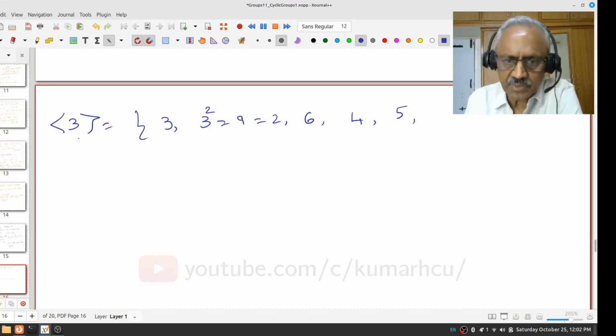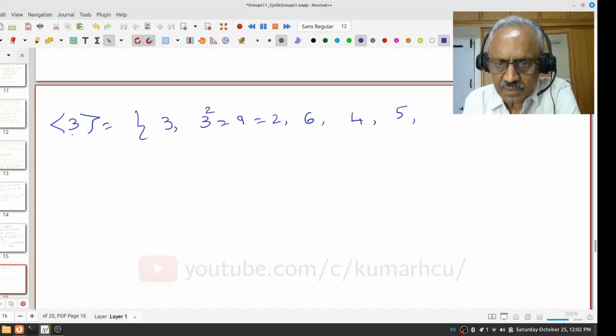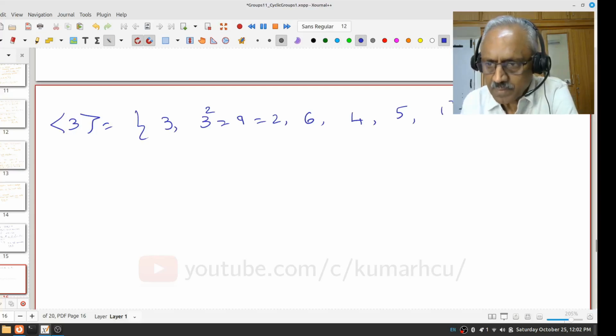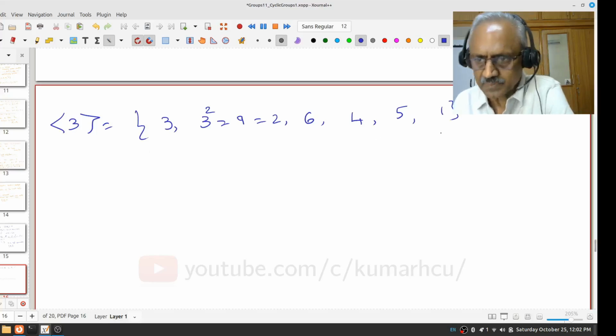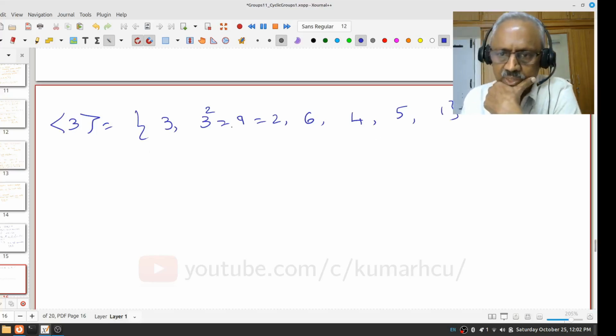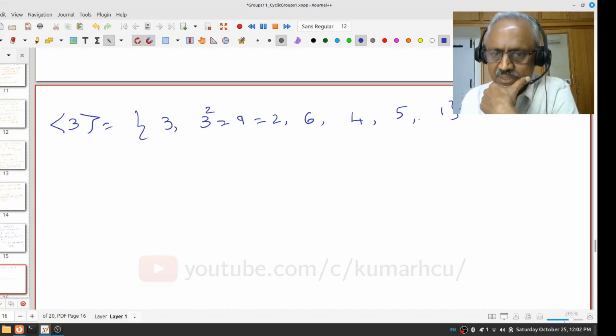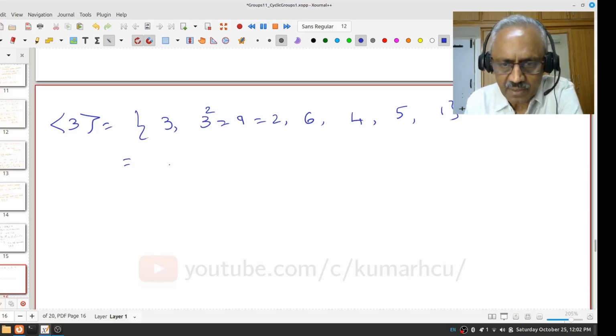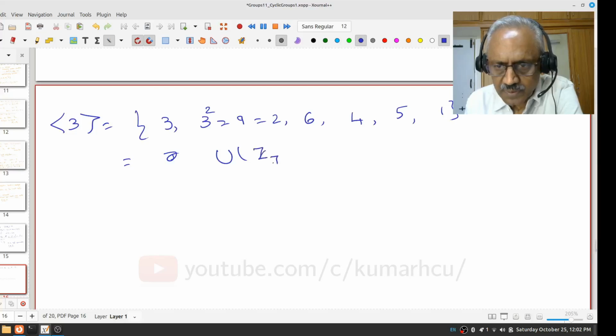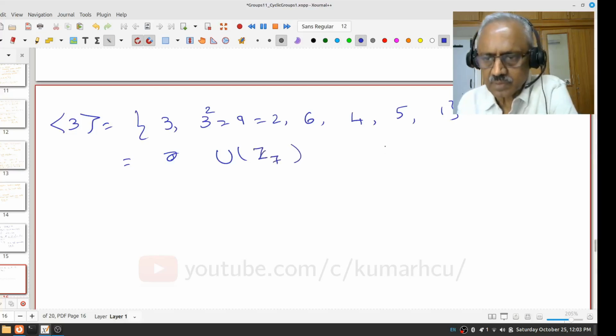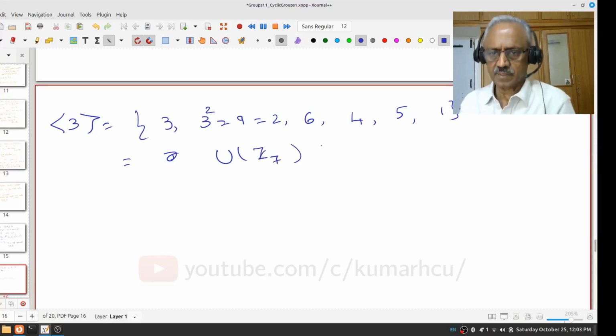And 5 times 3 is 15, that is 1. 15 is 2 times 7 plus 1. So I have 1 element, 2 elements, 3, 4, 5, 6 elements. All 6 elements I got. Therefore, this is nothing other than U of Z7. Make sure you understand.